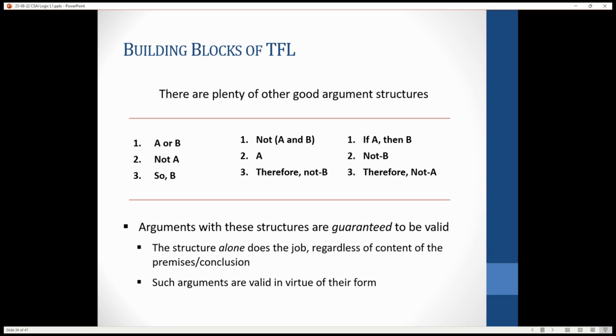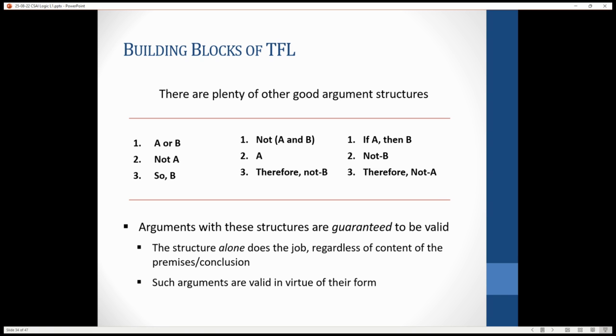Yes? But right now we're not talking about validity. We are, right? So how does validity come back to these? Where does validity get in? Because the conclusion follows from the premises. Yeah, right? If we have arguments in these structures, we know they're valid. And they're valid purely in virtue of this structure.